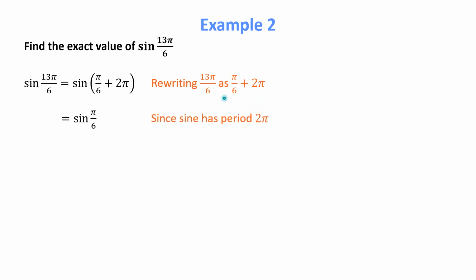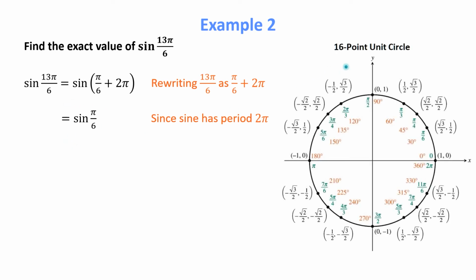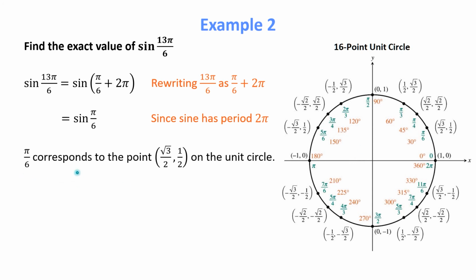But of course, because sine has period 2 pi, this expression here, sine of pi by 6 plus 2 pi, equals sine of pi by 6. And then if we look at the 16-point unit circle, the angle pi by 6 corresponds to the point root 3 divided by 2, comma, a half. So indeed, pi by 6 corresponds to the point root 3 divided by 2, a half on the unit circle.